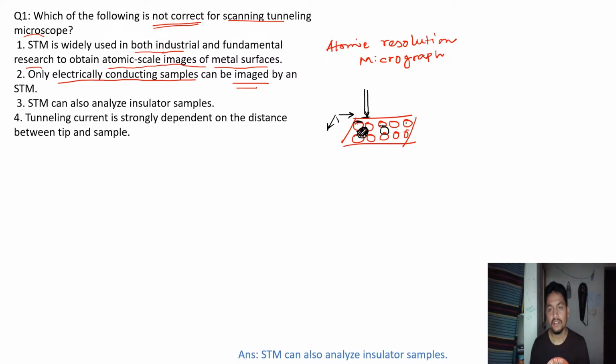That is a thing you need to know for the scanning tunneling microscope. Normally by scanning tunneling microscope, one can get the topograph of metals and semiconductors, mainly these two, and a very thin film of insulator can also be done. But normally insulators cannot be done by STM.